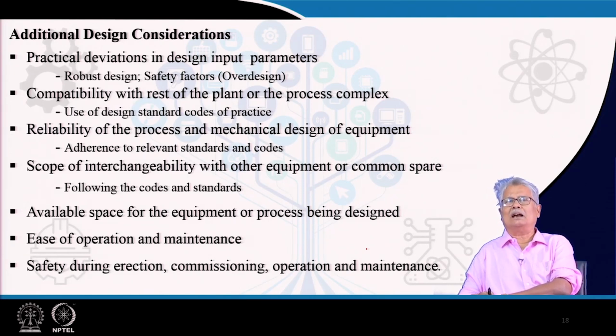When we are talking about additional design considerations, one of the major things is the compatibility with the rest of the plant. That means, if part of the plant has been designed as per the ASME code, it is desirable that whatever new design I make should also conform to that in order to make it compatible. The reliability of the process and mechanical designing of equipment definitely is greatly improved if we refer to the relevant standards and codes.